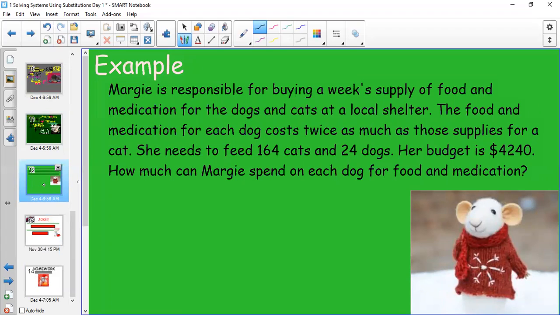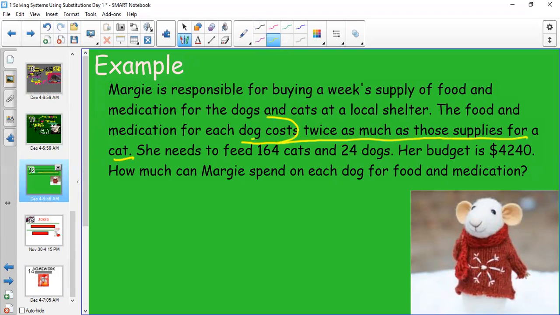Okay, so I'm going to use C and D for cats and dogs. So C is going to represent the food and medical supplies for cats, and D is going to be the food and medication for the dogs. Now, dogs cost twice as much as those for a cat.